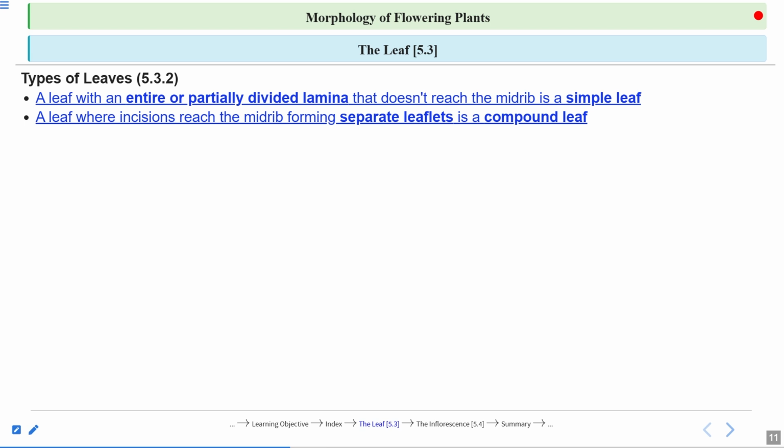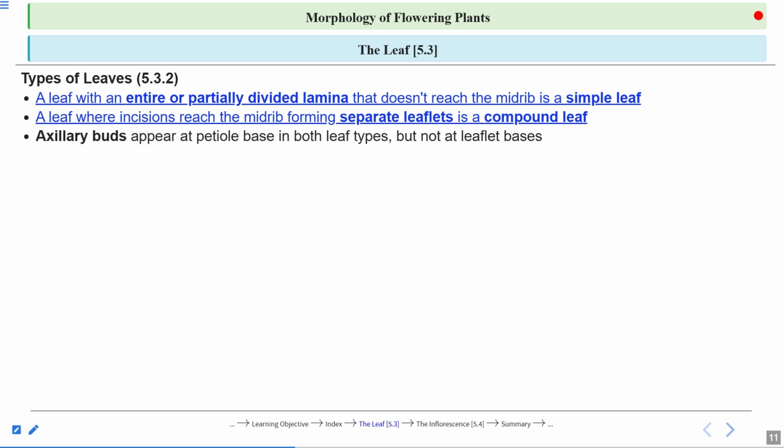Again, you can do one activity: go outside and observe. If you look at the leaves and see leaflets, that will be a compound leaf. If you see an entire leaf with a single lamina, or if the incisions don't reach the midrib, that will be a simple leaf.